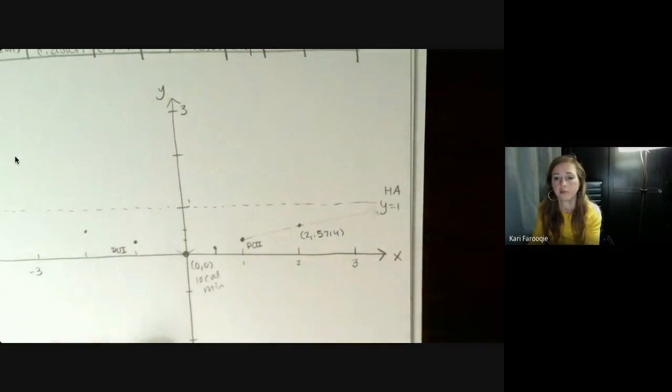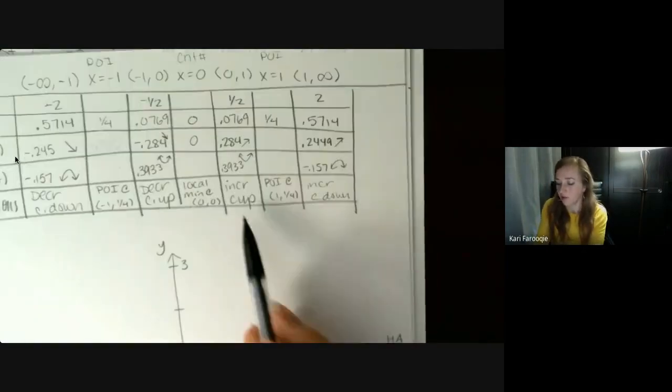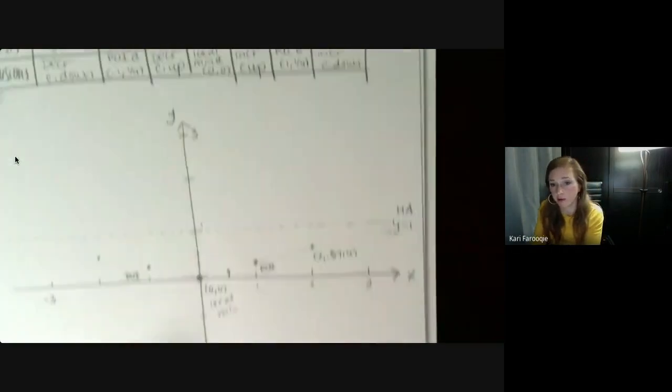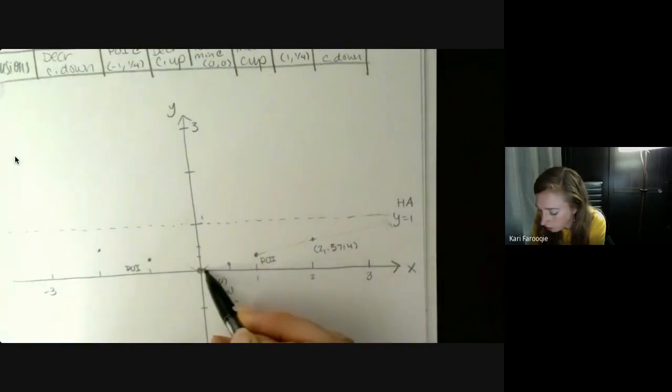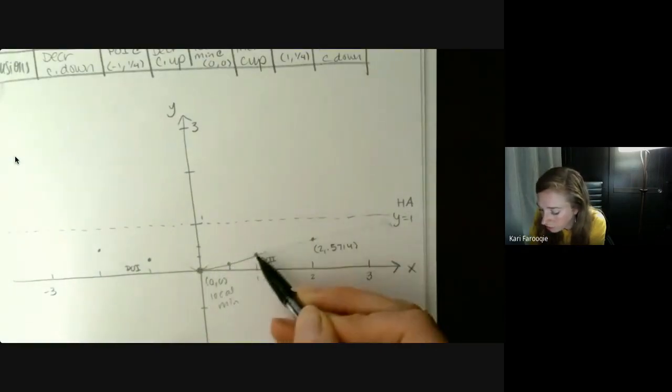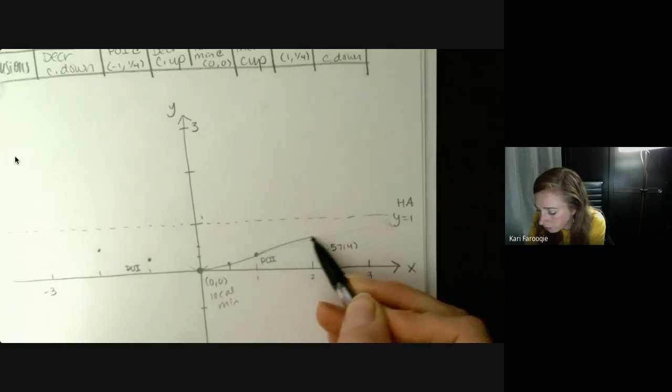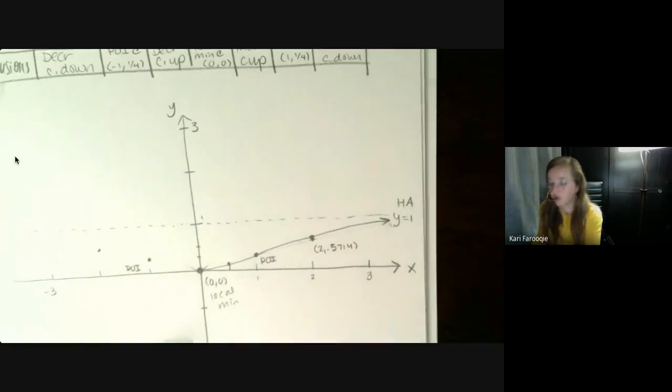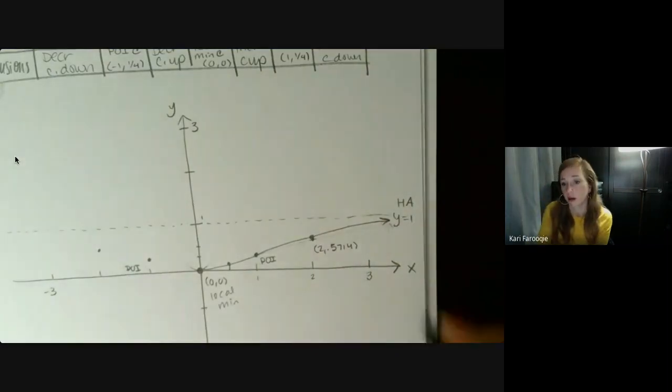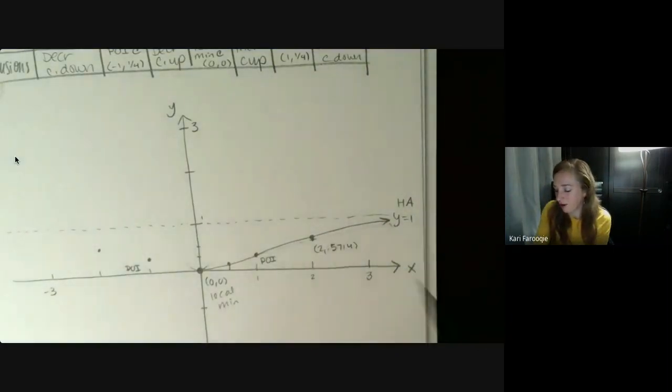Something like that. Okay. So we are concave up from 0 to 1. So this should be more cupish. And then concave down, when in doubt, just move your point from 1 to infinity. And do the same thing on the left.